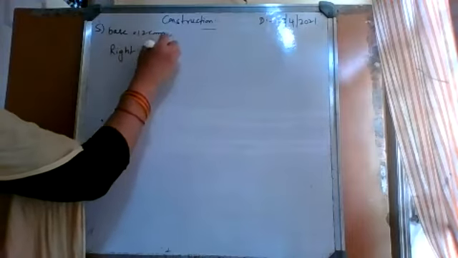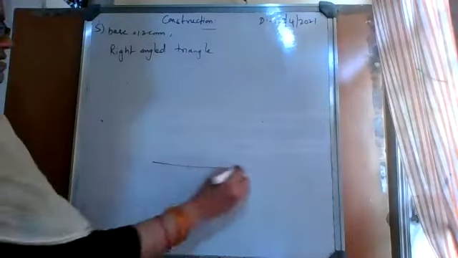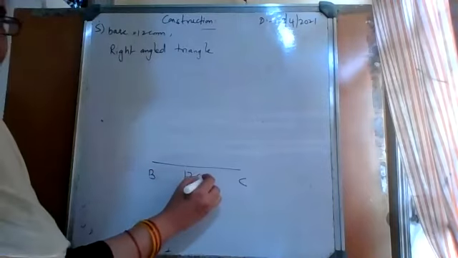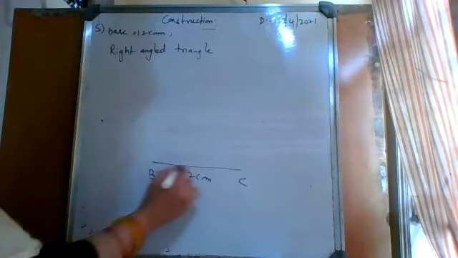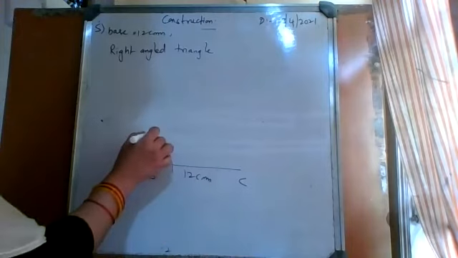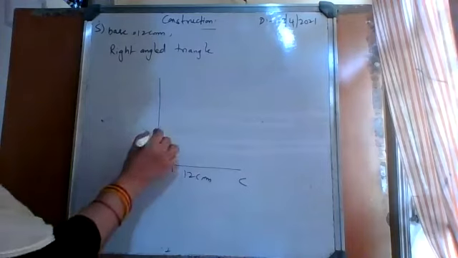To do this, first we'll draw a base. Base BC is equal to 12 centimeters with the help of a scale. Draw a line segment. Then draw 90 degrees from B. You'll get an angle.